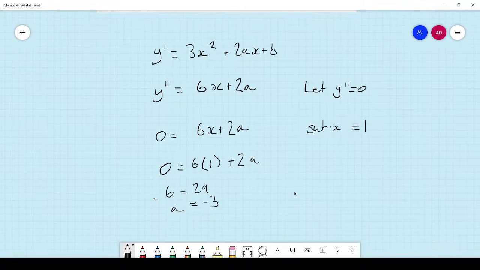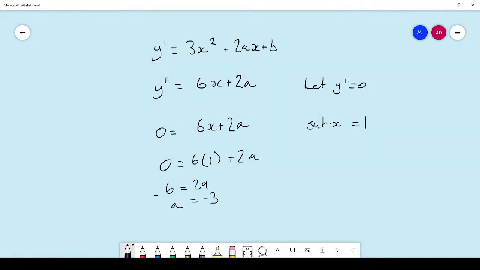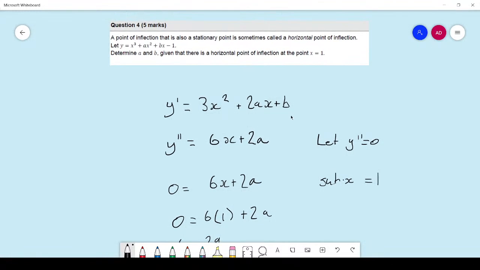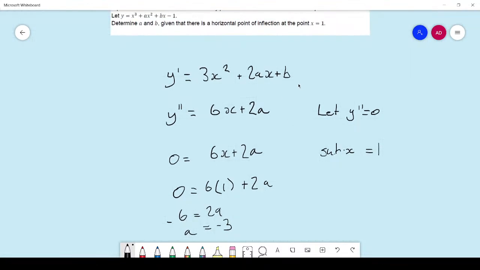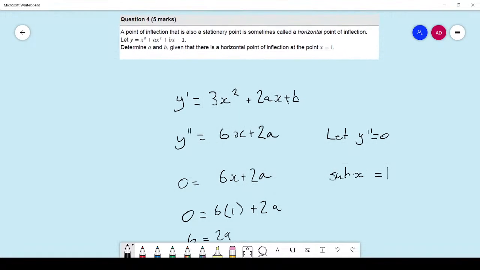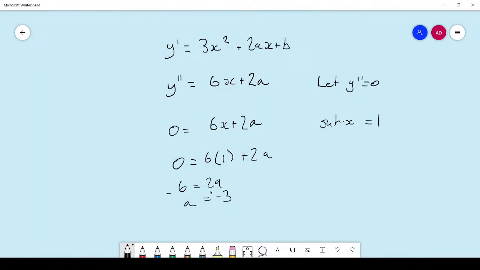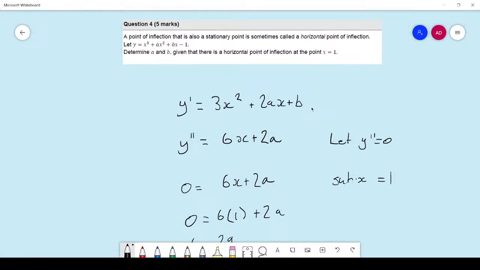So now we need some sort of expression where we can find what b is equal to. Right, so we know that an inflection point here is also a stationary point. So stationary points we can find using this first derivative here. So if we set that equal to 0, and we can sub in x equals 1, and we can sub in a equal to negative 3, we should be able to isolate b and get a value for that.